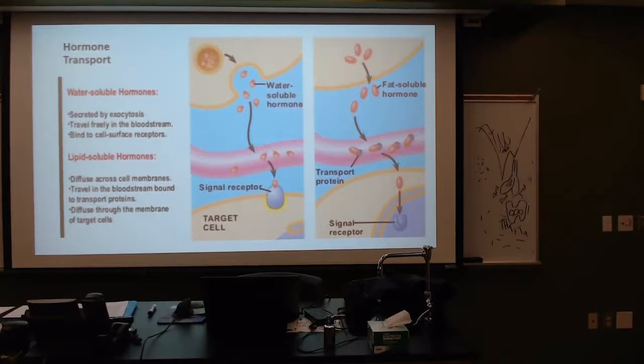A signal receptor. Now, we'll also have a receptor on the fat-soluble one, but this time we've got to have a protein embedded. Notice how the fat-soluble one isn't passing by way of a protein, but the water-soluble one is.